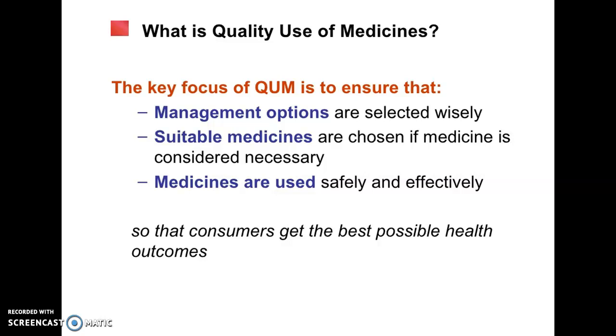These non-pharmacological methods include lifestyle modifications, for example diet modification, or inclusion of some exercise and physical activities. Even they have a major role in the management of the disease. So management options are selected wisely. Whenever a drug is required, only then should the drug be given.